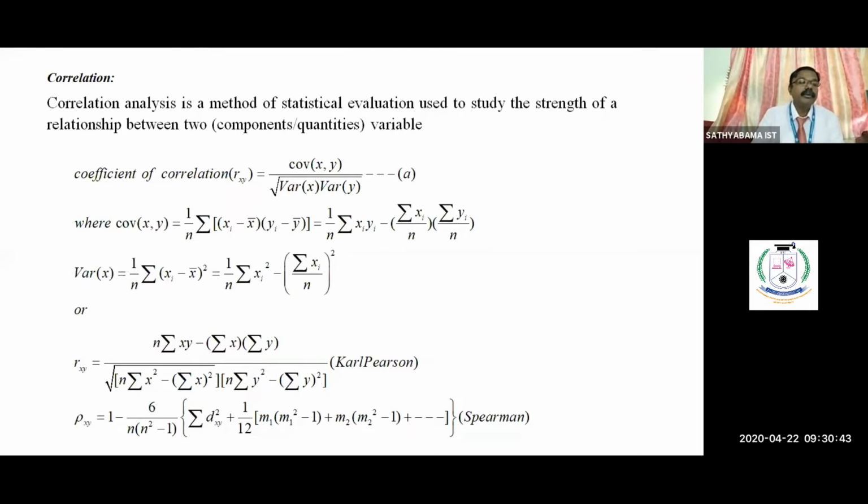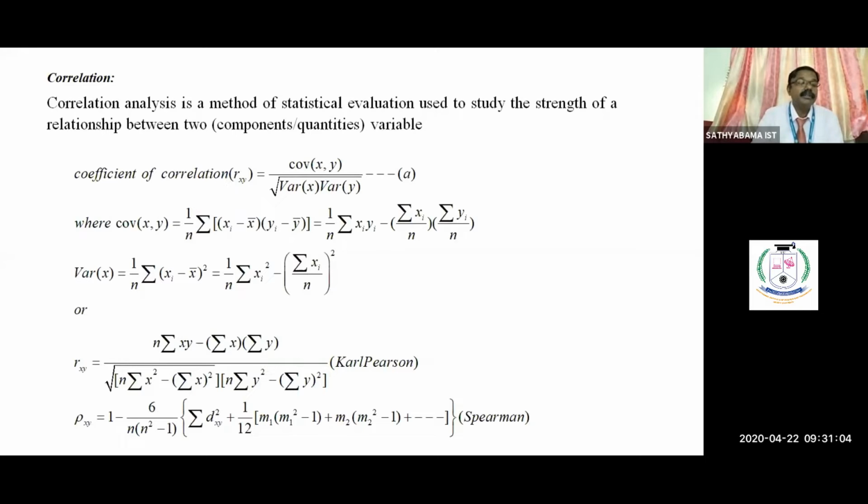Before going to the next part, we have this basic concept for Karl Pearson: Rxy is independent of change of origin. That is R of xy is nothing but R of uv. What is u and v?